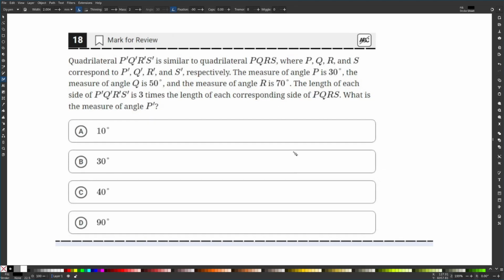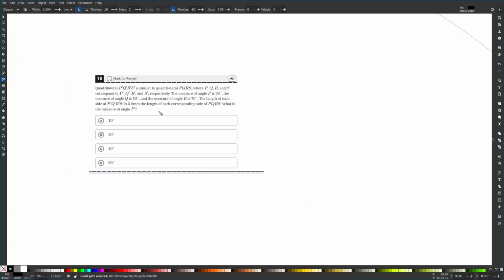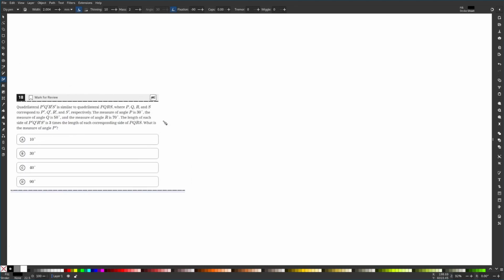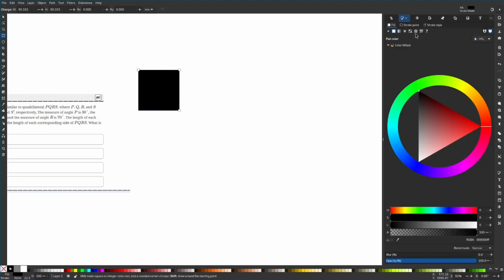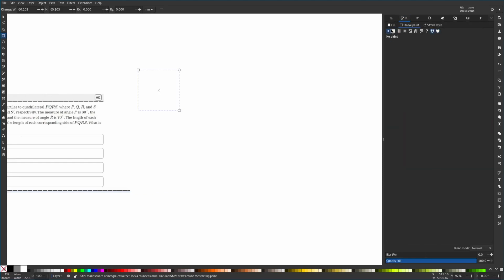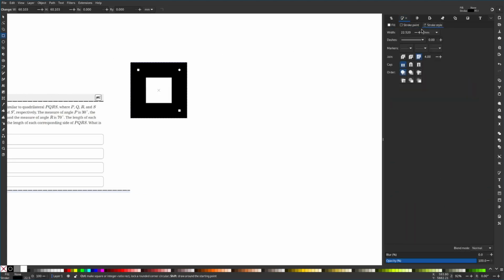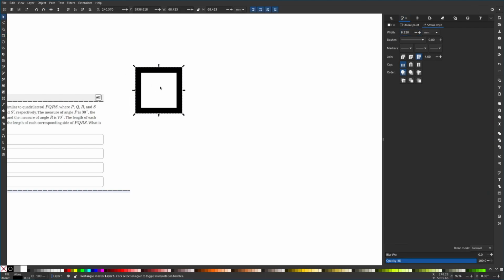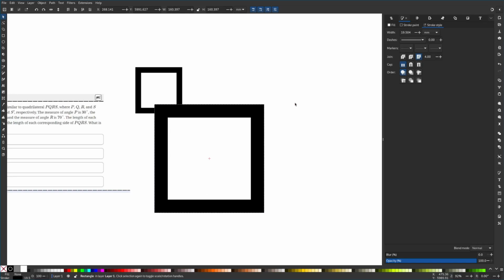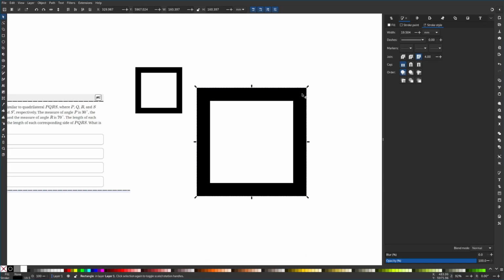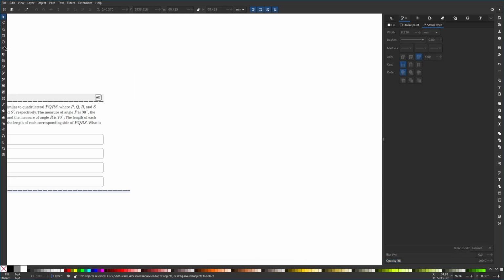Okay, so for this one, they try to make it sound a lot harder than it really is. But what you should know is that similar triangles, or similar shapes in general, keep the same angles. Let me do a little demonstration here. If you were to just scale this up or scale it down, the angles are the same. Same thing with triangles.